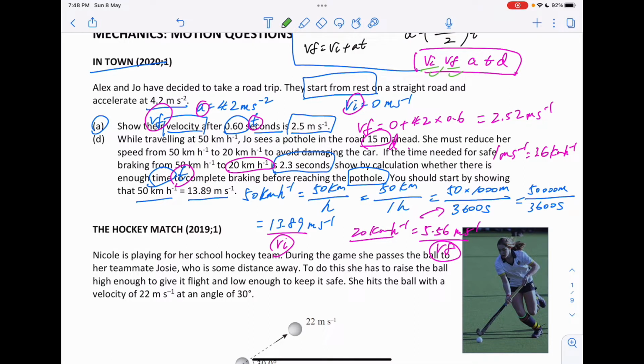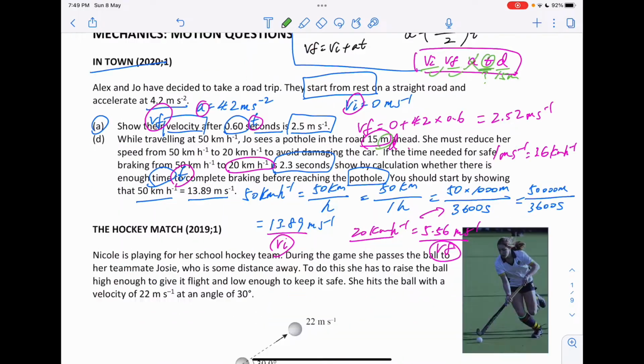We have 15 meters. 15 meters is in SI units, so we don't have to change the units. And we have a time? No, we don't. And we're looking for the time. Remember, I said that when you have 3 of those, then you can calculate all the other 2. Right? And now we're looking for the time. So we can just ignore A.